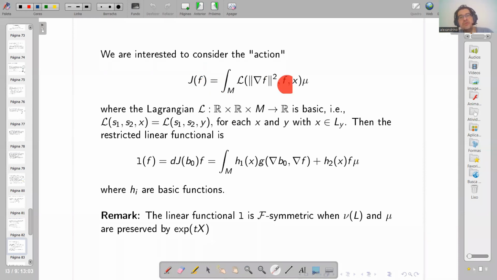if you are dealing with the calculus of variations, you are dealing with the critical points of an action like that.